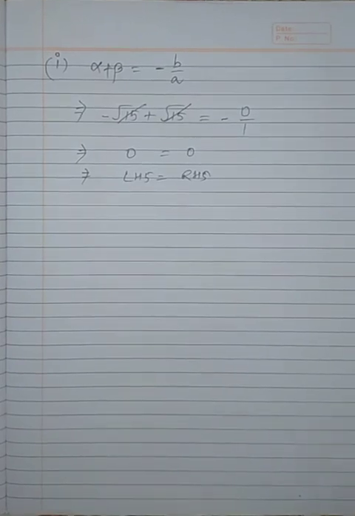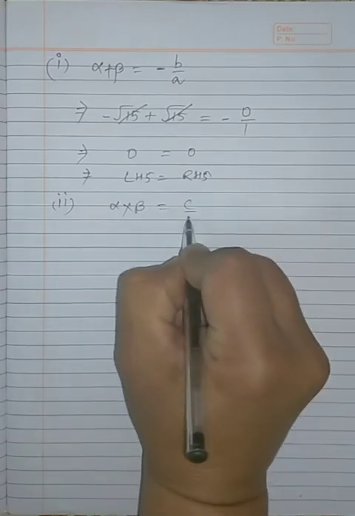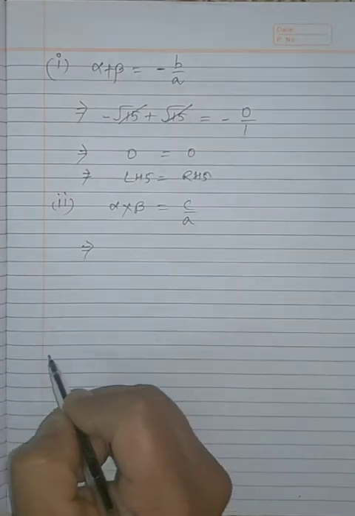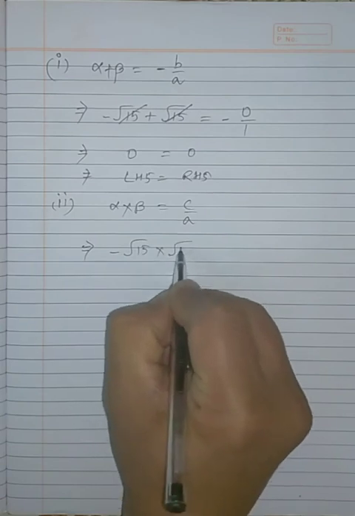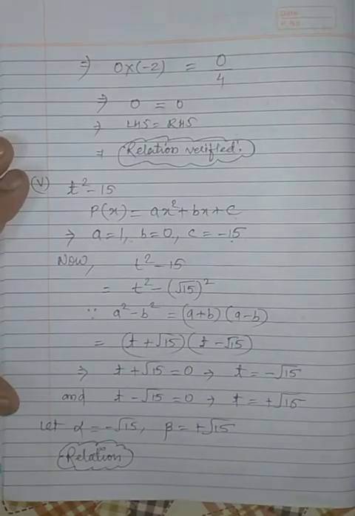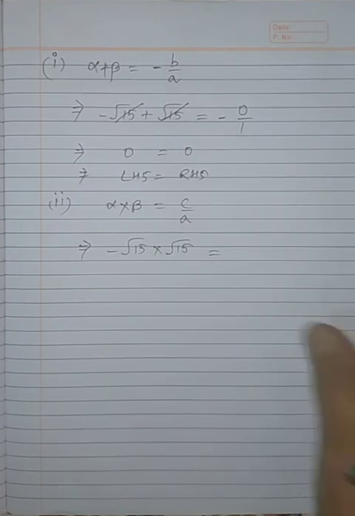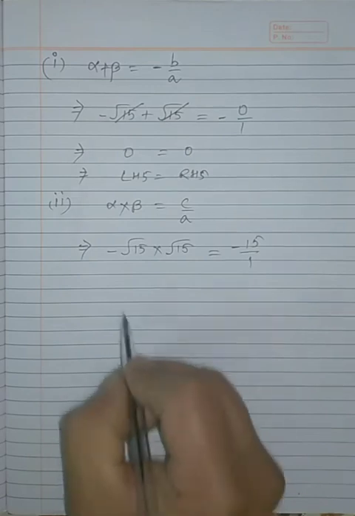Similarly, the second relation, alpha into beta, is equal to c upon a. That implies alpha into beta, minus root 15 into root 15, is equal to c upon a. The value of c is minus 15, the value of a is 1. So c upon a is minus 15 upon 1.